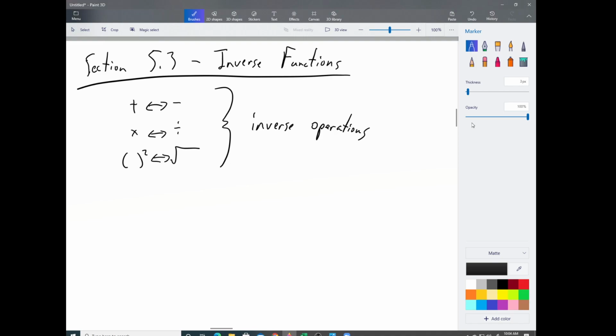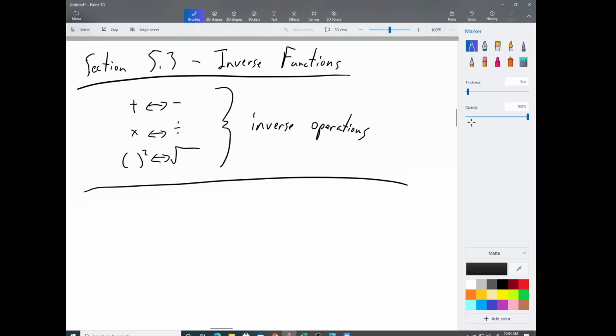Inverses undo your original. If I was subtracting, I now add. If I was multiplying, I now divide. And every function, to my knowledge, has an inverse. Now, the inverse is not always a function itself, but we'll get into that in today's lesson. But there is always an inverse to whatever you do.